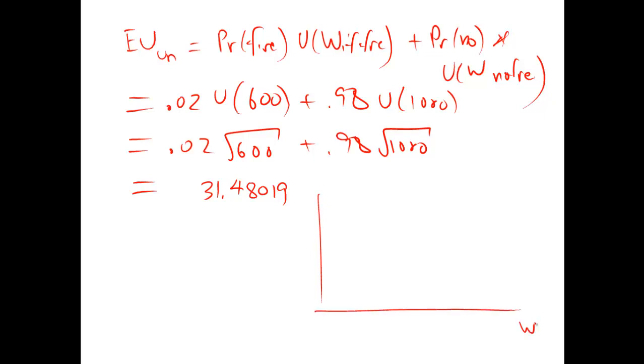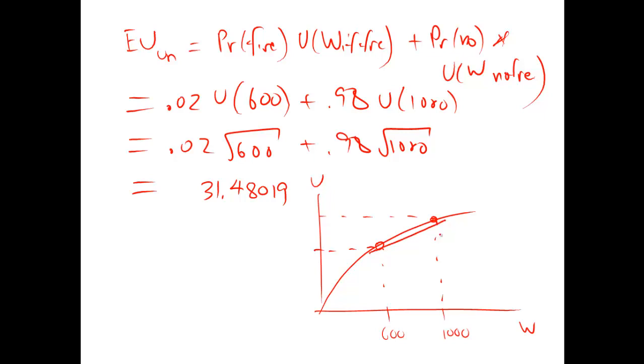We've got wealth here, we've got utility here, we've got, let's say, 600 here, we've got 1,000 roughly here. Utility function has roughly this shape. The expected utility line connects this dot with this dot. I'll exaggerate things because this is kind of a fat pen.